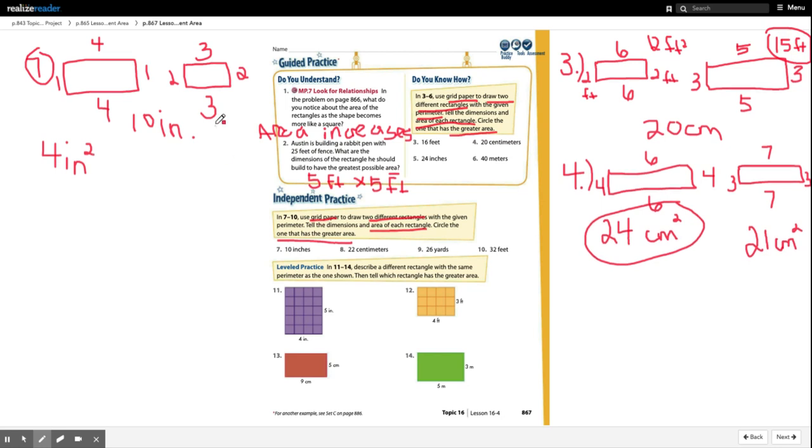Now let's take our area over here. 2 times 3 is going to give us 6 square inches. Now ask yourself which one has the greater area, 4 square inches or 6 square inches. If you thought 6, you're right.